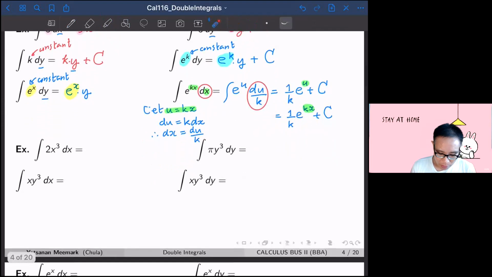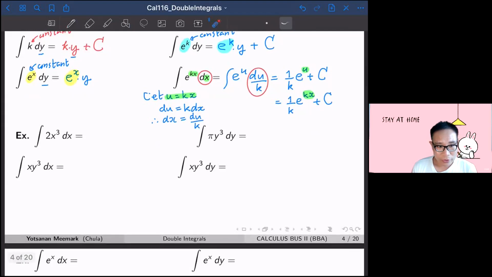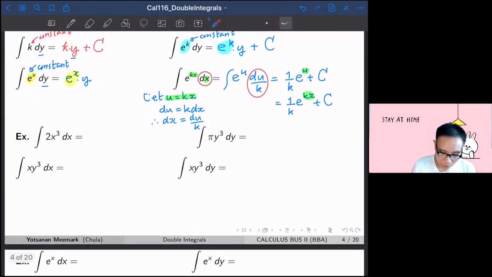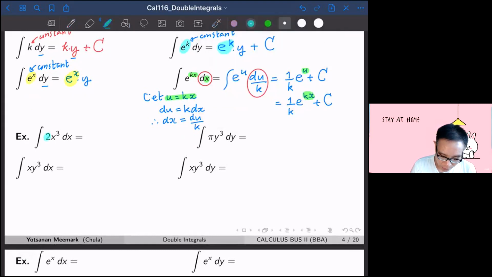Okay, the next one you like to integrate 2x cubed dx. So when you have 2x cubed dx, you allow yourself to just see the number 2 here. So this one is going to be 2 integrate x cubed dx.